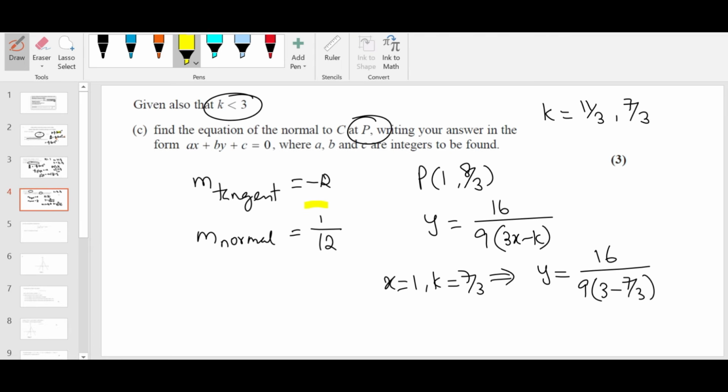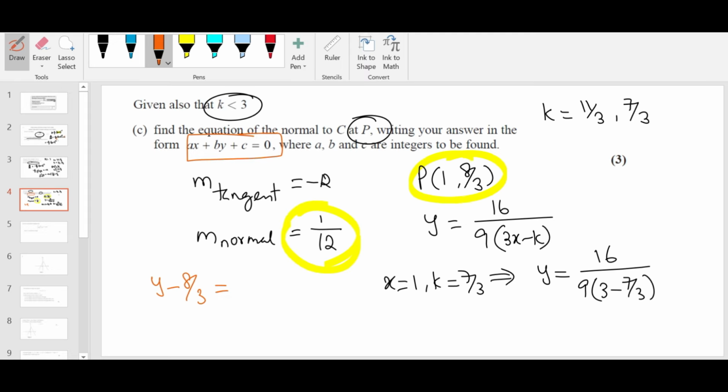Now we have a slope, we have a point, we can find the equation of the normal already. They want the answer in this form without any fraction. So y minus y1, the point is x1, y1. So y minus y1 is equal to slope times x minus x1.